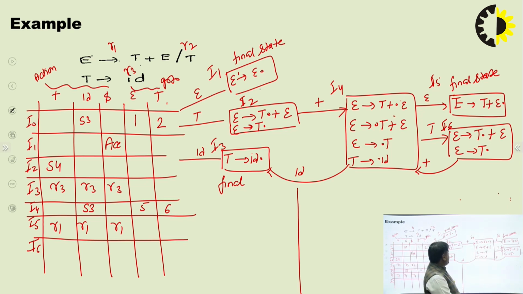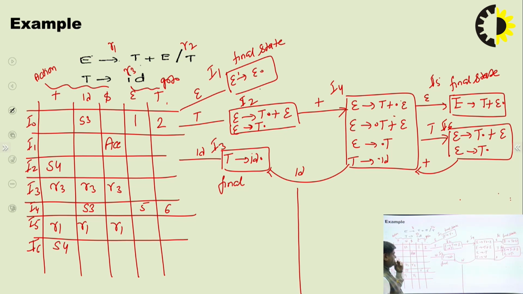We move to I6. I6 has R2 and shift 3. For the plus operation, that is known as S4. And also S4.